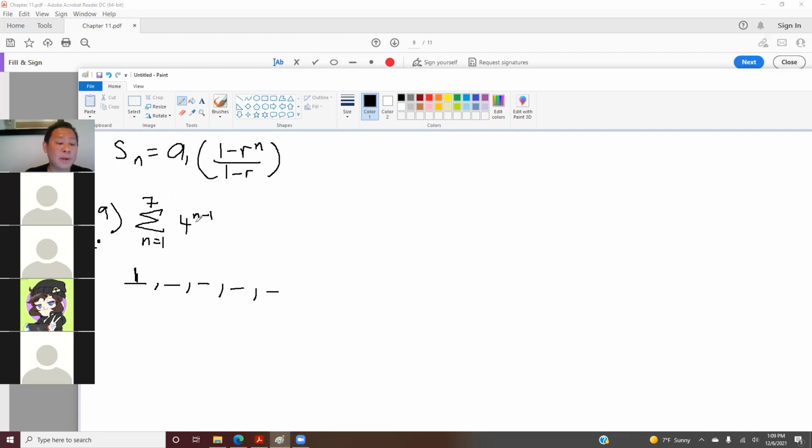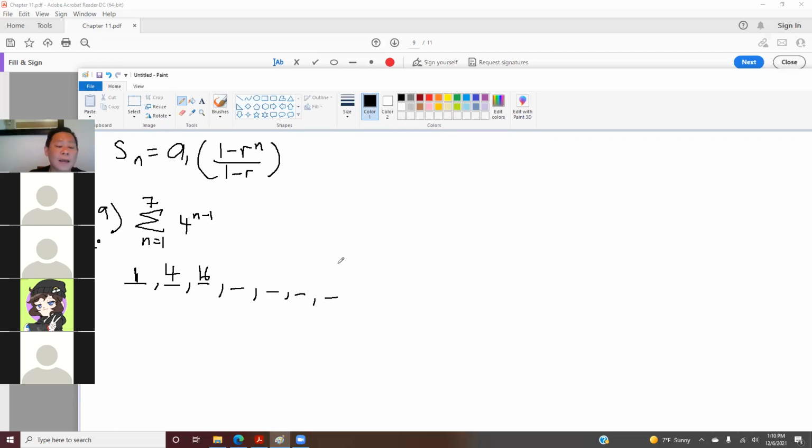And what happens when n is 2? You will get 4. When n is 3, 3 minus 1 is 2, you get 16, 4 squared. So this is 4 to the 0, 4 to the 1, 4 to the 2, and you're going to do it all the way. In your test, you could go all the way to 7: 1, 2, 3, 4, 5, 6, 7.